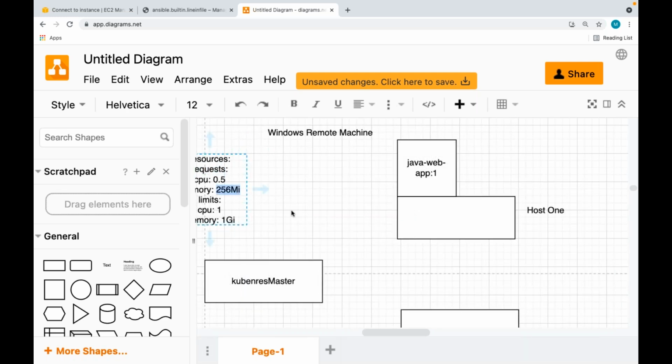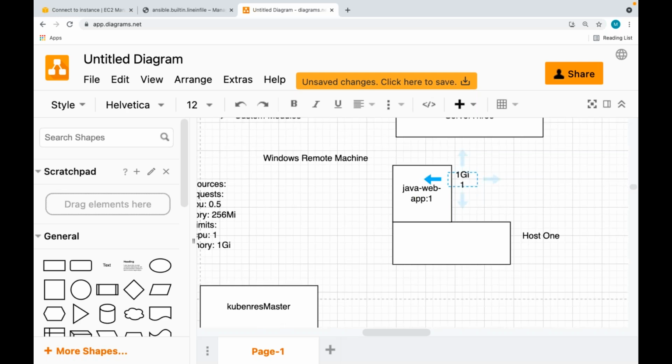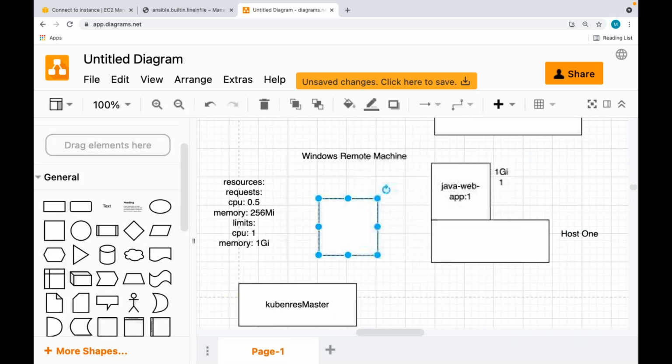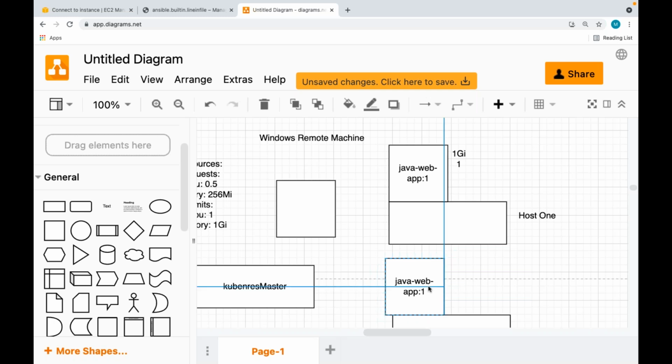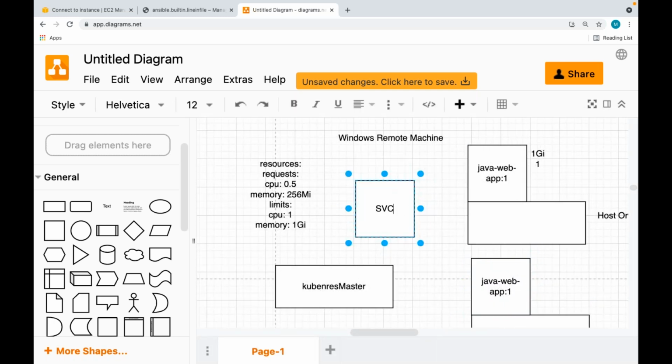Now, suppose I set the limit as 1 GB and 1 core, and let's say I have two pods with that limit set. There is a service.